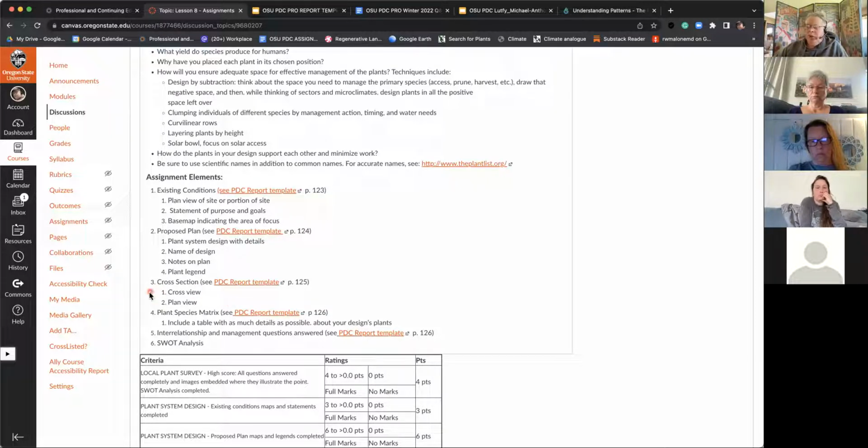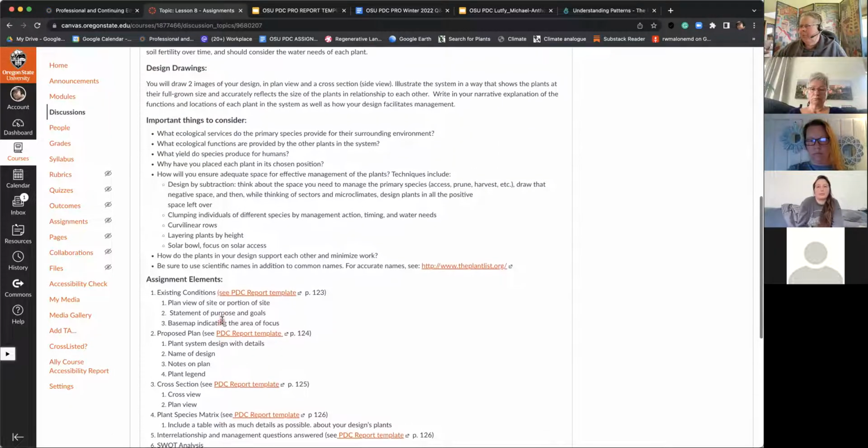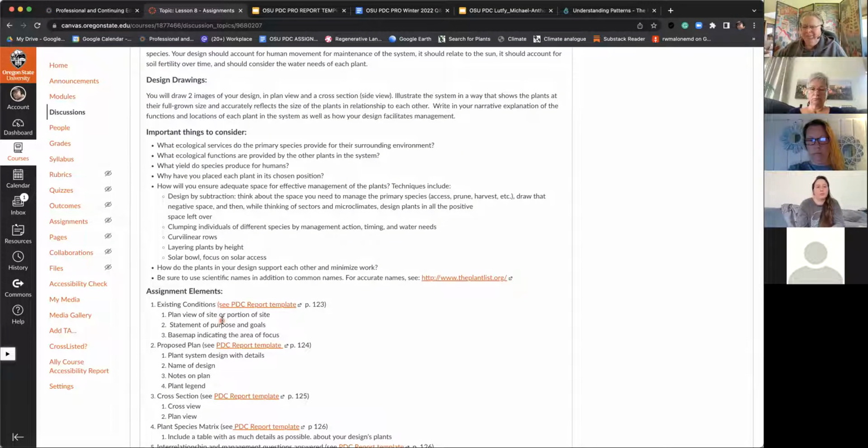This is a great exercise, and it's probably something you would not do for a client, but it's great for yourself to get a feel of how all of these different elements would go together. And then we have the plant species matrix, which is really a spreadsheet-based page, and how these interrelate, and some of the management questions. So there's a lot to think about.